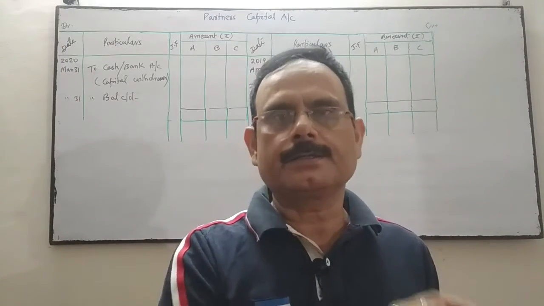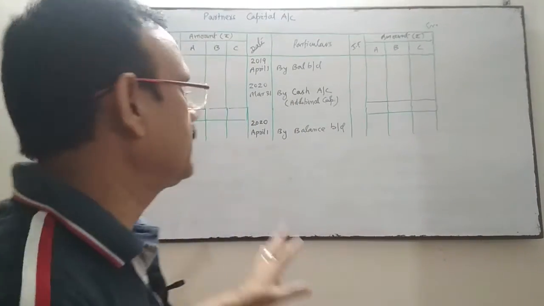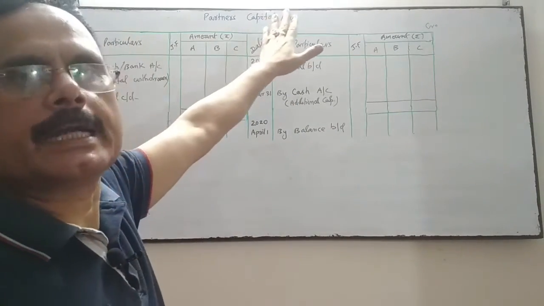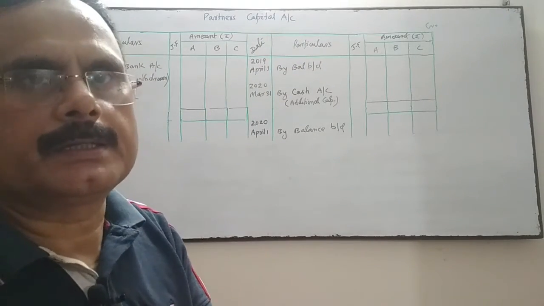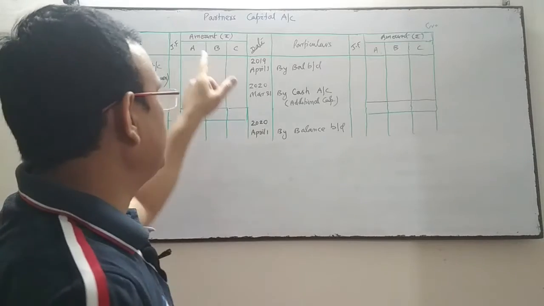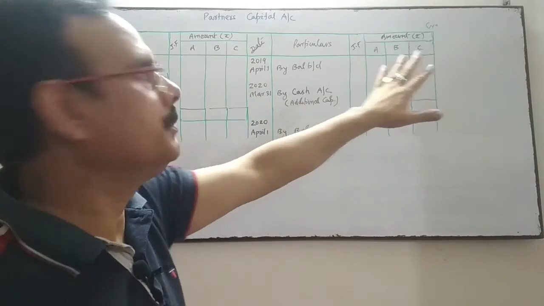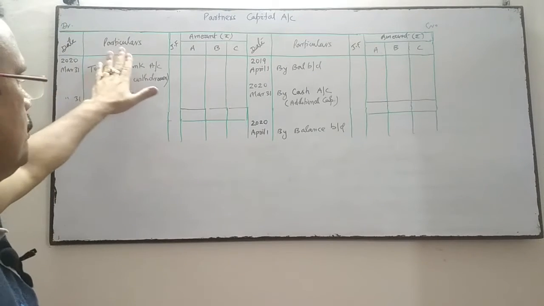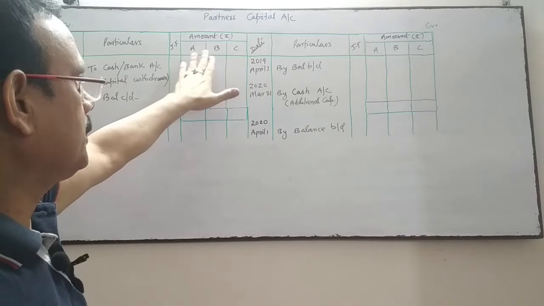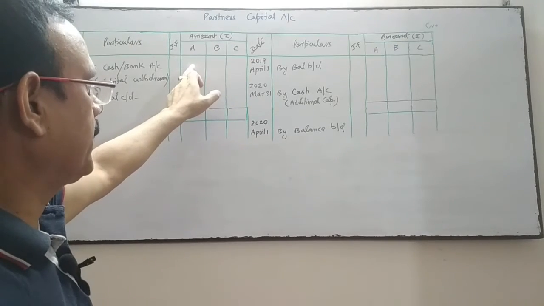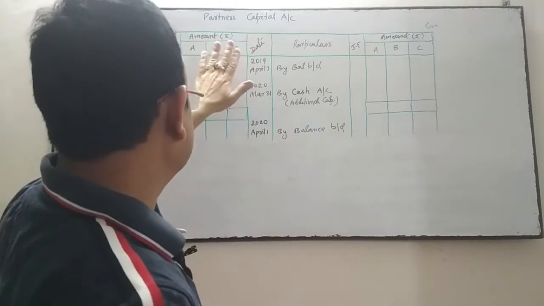So as discussed, you see the format of partner's capital account, the heading will be partner's capital account. I am assuming that there are three partners, A, B and C. It's a columnar format: date, particulars, journal folio, and three columns for the amount, column for A, column for B, and column for C partner. This is the debit side.